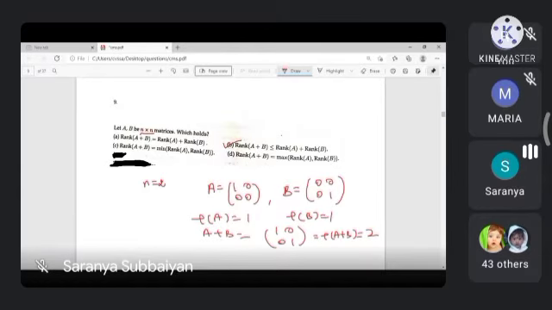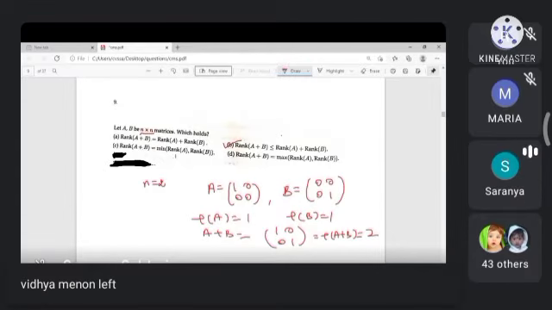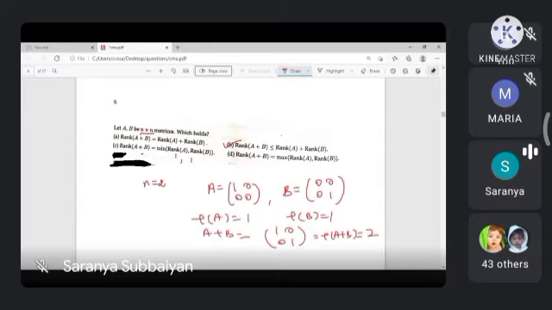Third option, rank of A plus B is equal to minimum of rank A, rank B. Here 1, 1. Here it is 2. So minimum is 1. Is 2 equal to 1? No. Not possible. Option C is wrong. Then again, here 2 is equal to maximum of 1, 1.